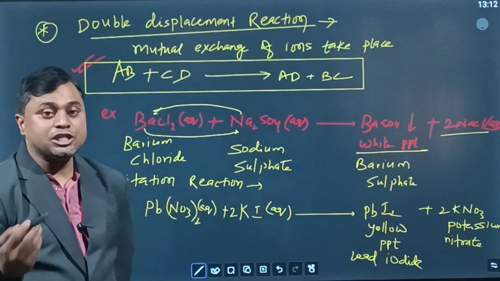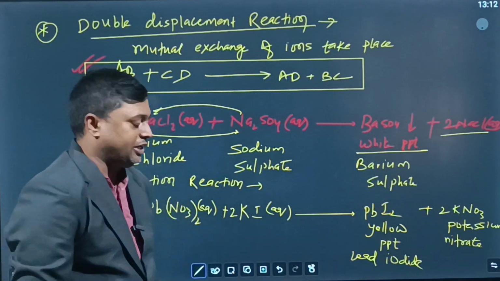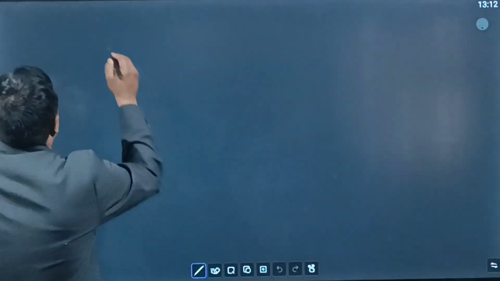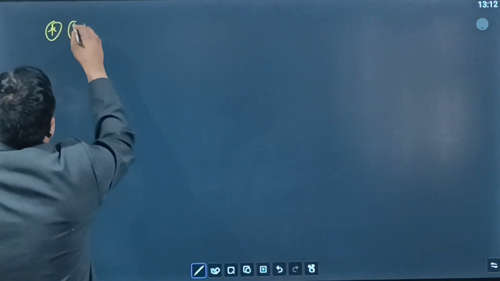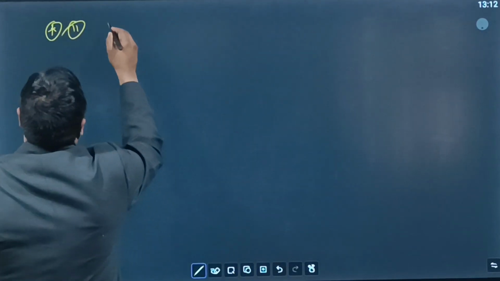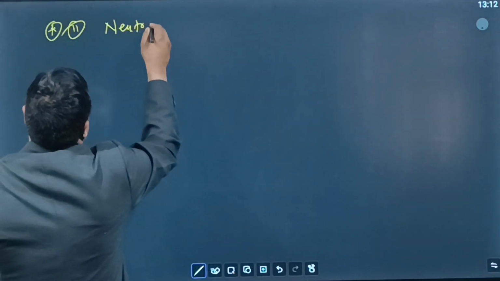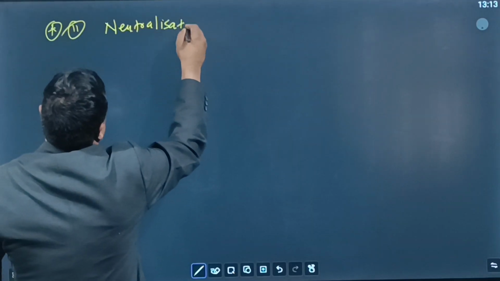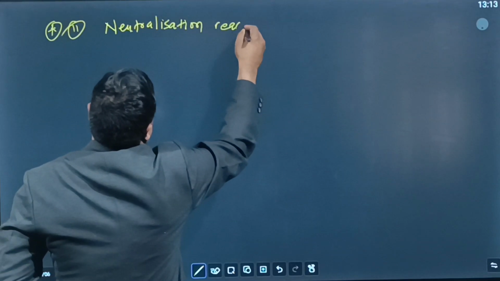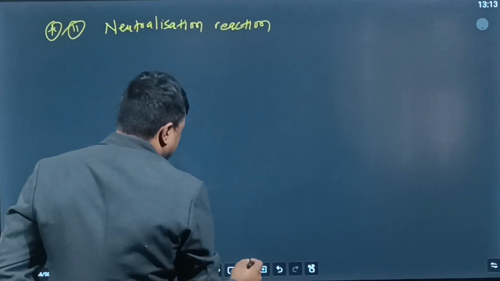Another type of double displacement reaction is the neutralization reaction. Let's discuss this also. Neutralization reaction is the second type of double displacement reaction.